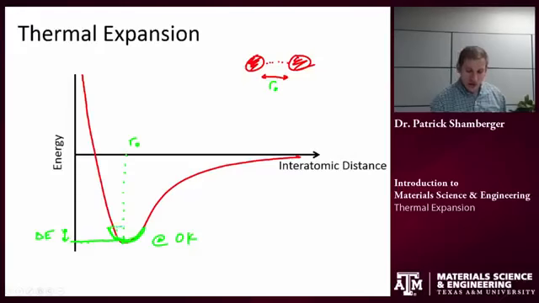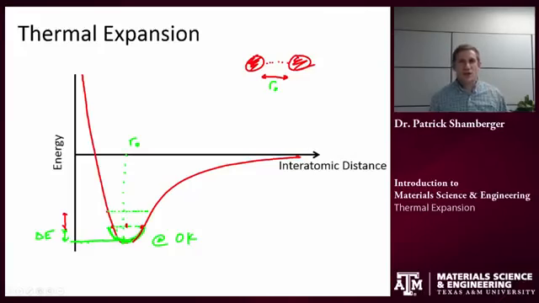And so I could consider what is the average position of those two atoms. And if I say that they're equally likely to access any of these states in between, then that average is going to bisect the distance between these two points. Let's heat it up some more, right? At this point, now I can access an even wider interatomic distance.